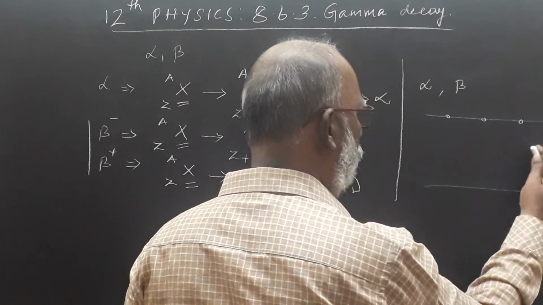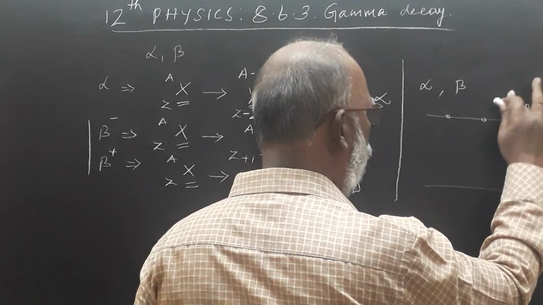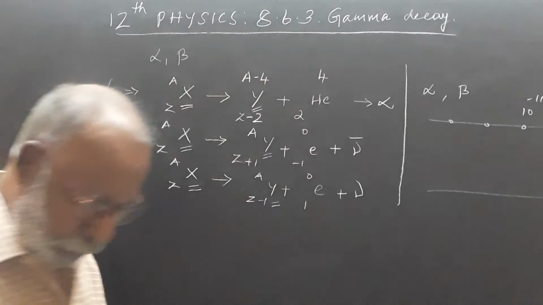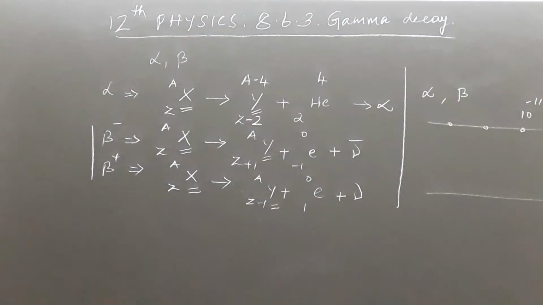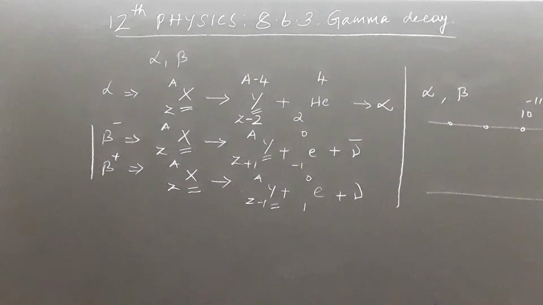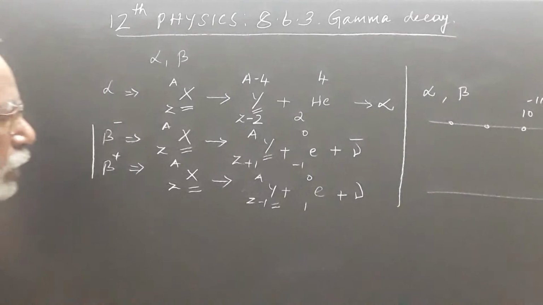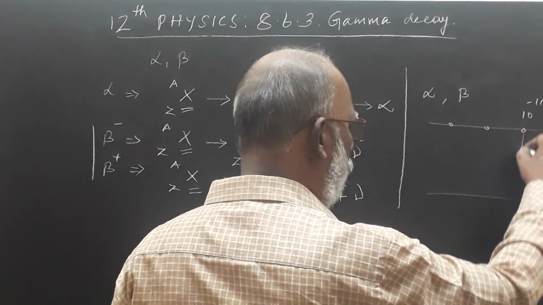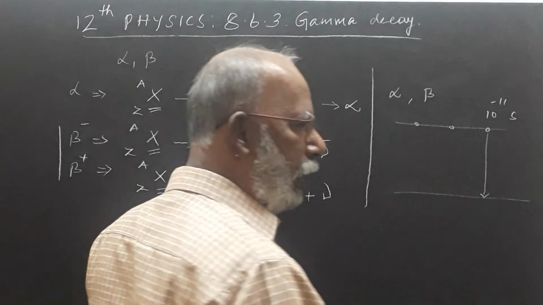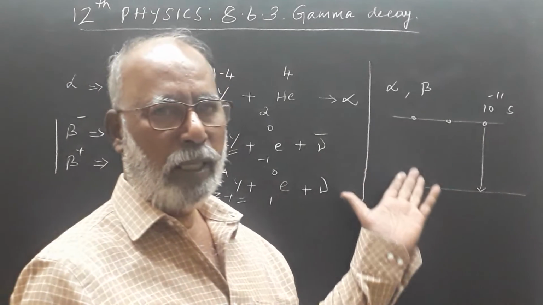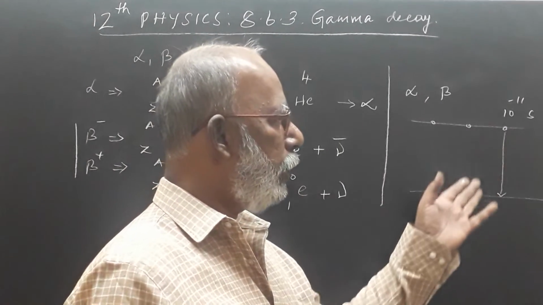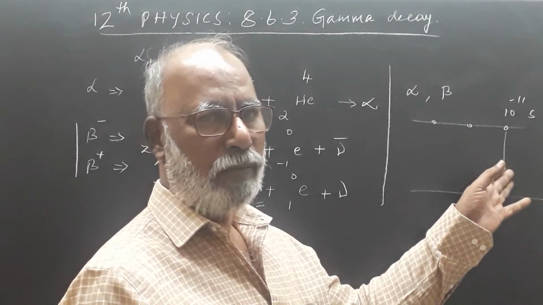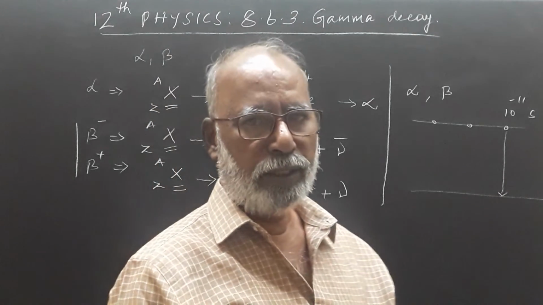It may stay in the excited state for 10 power minus 11 second, a very small time. Again, it comes back to the ground state or lower energy level. During this period, there may be emission of beta or alpha particles. This is a process we already studied.